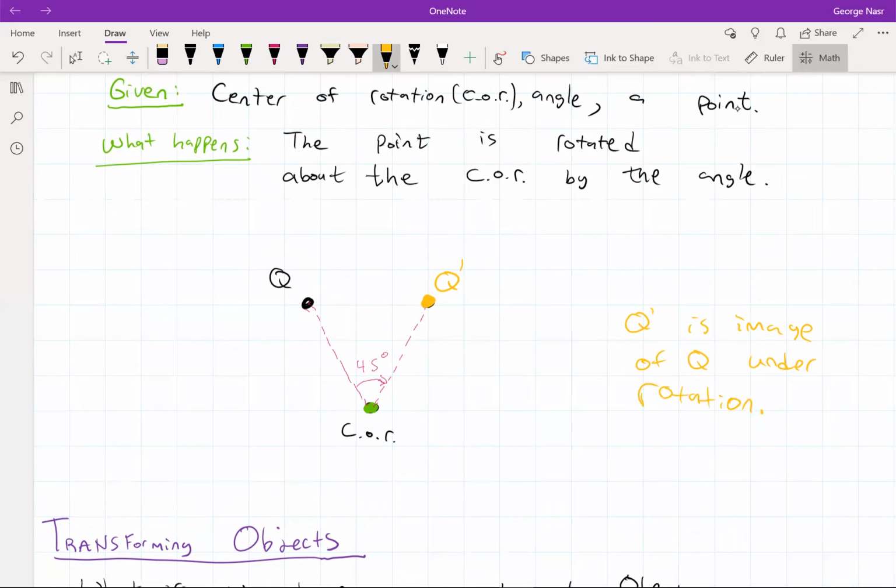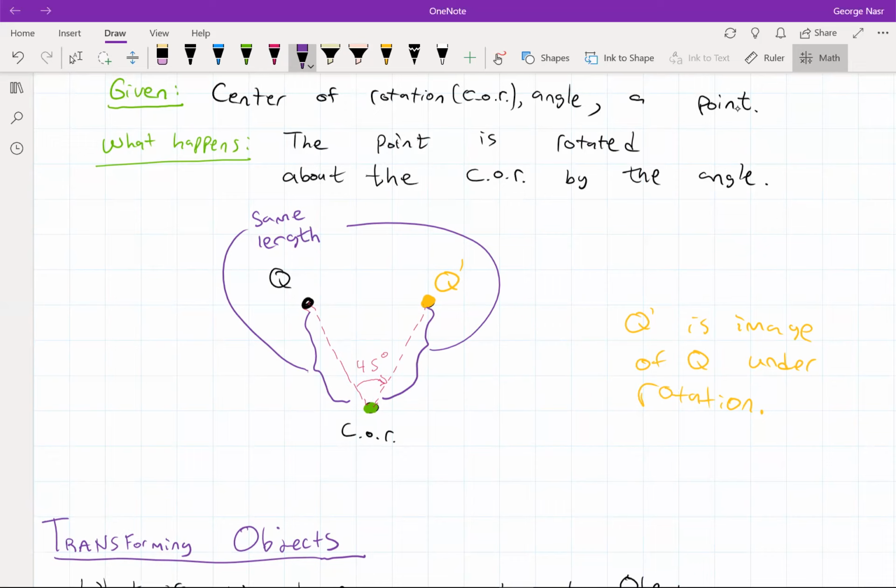Okay, there's one more very important thing here. The angle is captured here, but there is technically one more really important piece of information. Just like in the case of reflection, these need to be the same length. When we think about rotating something about a point, I don't want it to get farther away from the center.